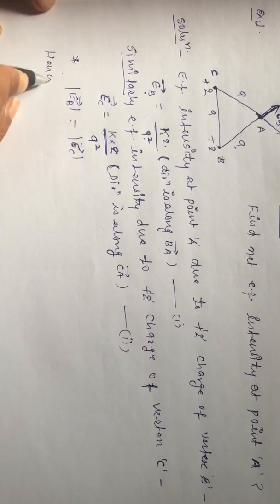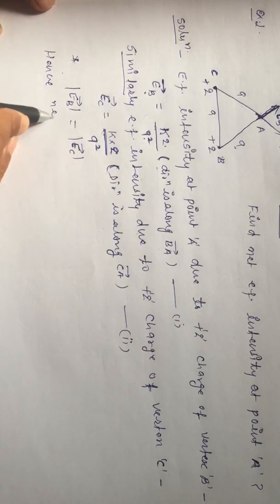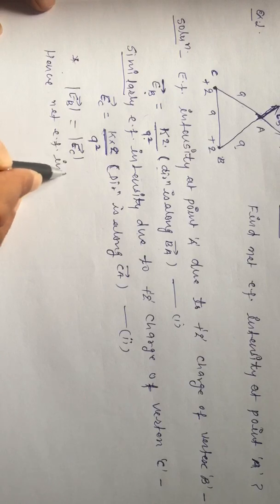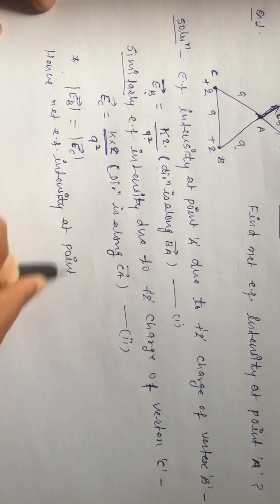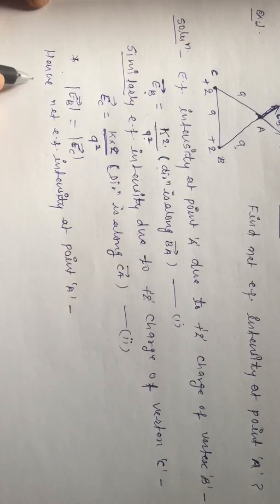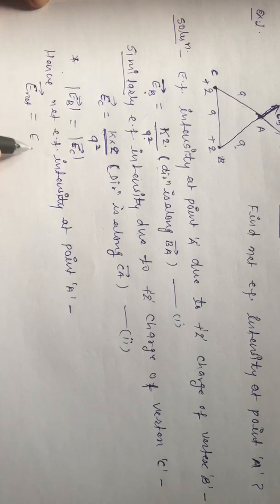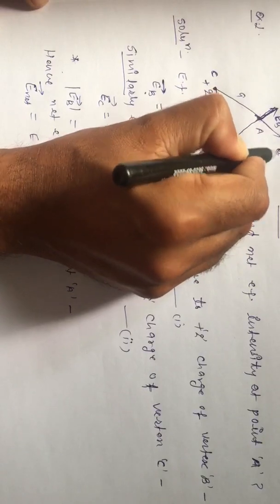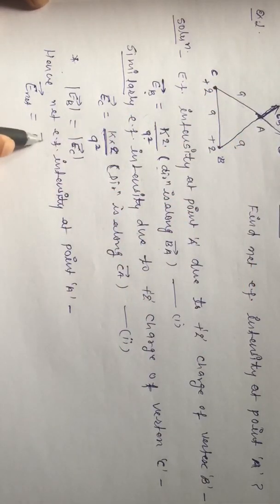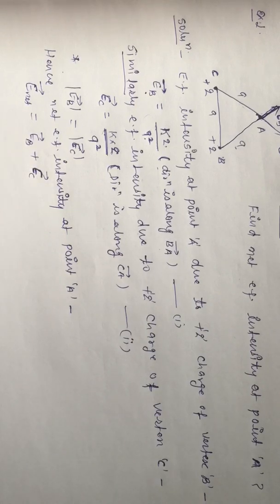Hence, the net electric field intensity at point A. What will be the net electric field intensity at point A? In the previous section, we discussed that at point A, the net intensity will be the vector sum of the EA vector plus the EB vector plus the EC vector.